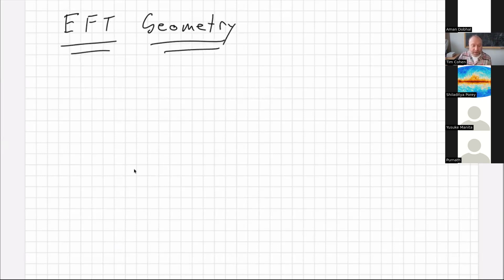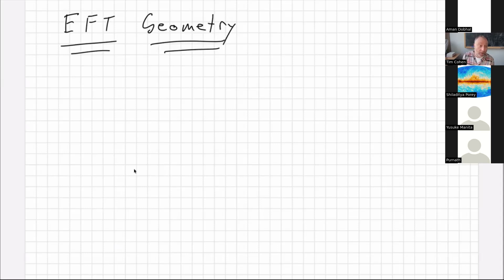And what is the puzzle that we've been trying to solve? And why is this non-trivial? And then at the very end, if I don't run out of time, I'll say a few words about our proposal for how to think about this in a broader context.